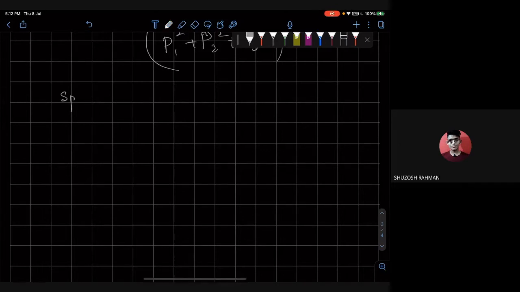So we are taking a spin half particle, and we have the particle, suppose in its, we take some basis, which is the eigenbasis of the S_z operator.